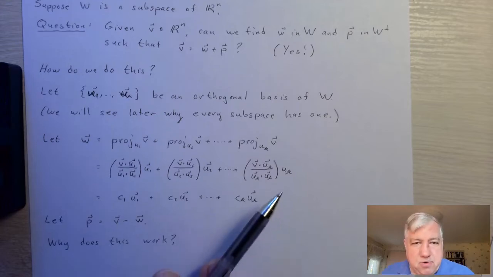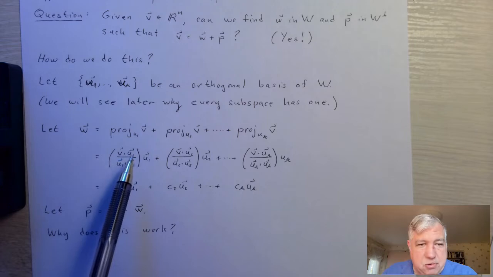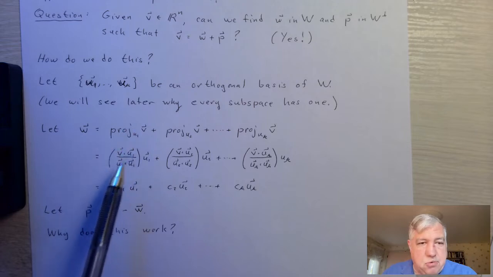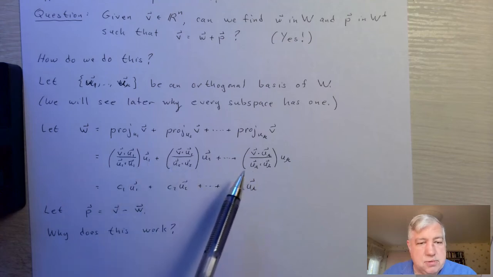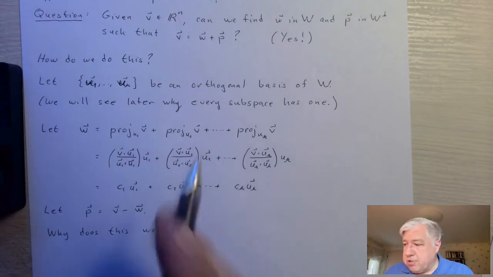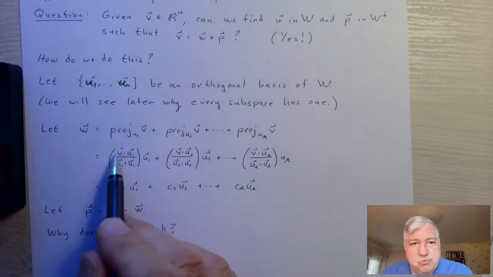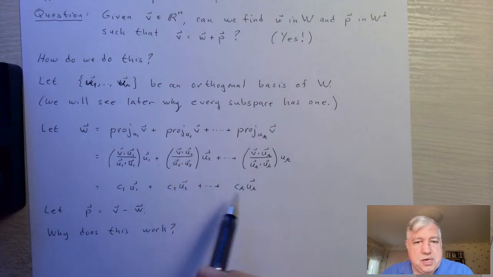If you remember the formula for projections, the projection of V onto U1 is V dot U1 divided by U1 dot U1, this number times the vector U1, plus and so on. To simplify this, we'll call this quotient C1, this will be C2, and CK, and so on.